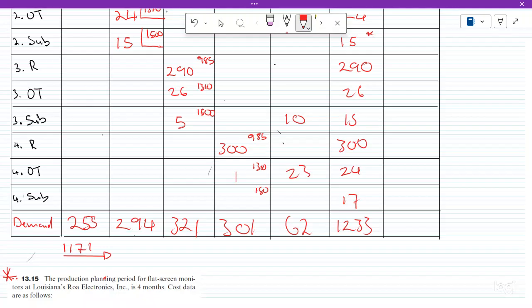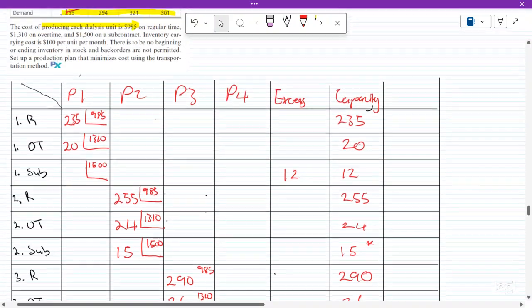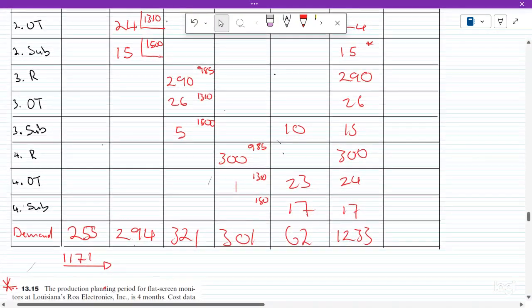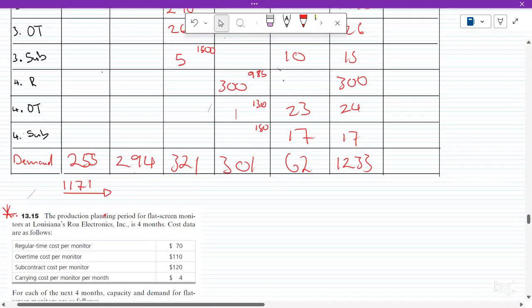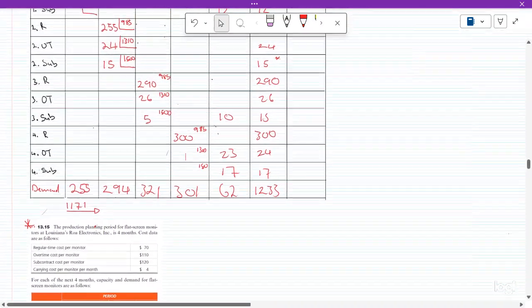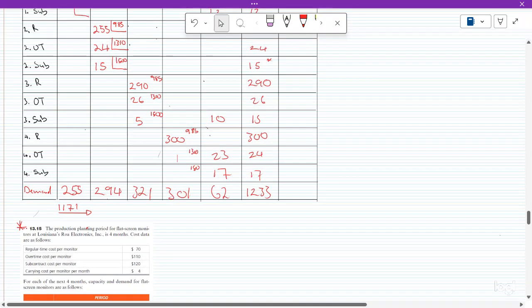This one leaves 23, this one leaves the 17, and we add them up. 12 plus 10 plus 23 plus 17 equals 62. It adds up. Then you do that mathematic thing, and you're going to get the total cost.